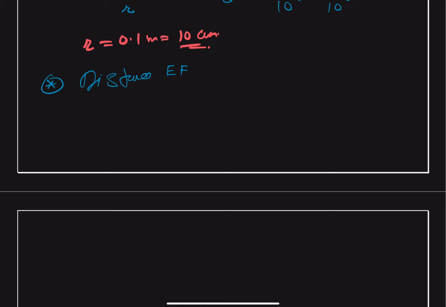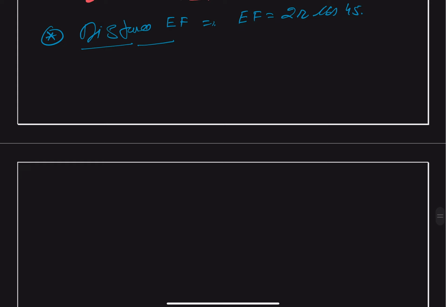So EF is equal to 2r cos 45, and cos 45 is 1 by square root of 2. So EF is equal to 2 into 0.1 into 1 upon square root of 2, which gives EF equal to 0.141 meters.